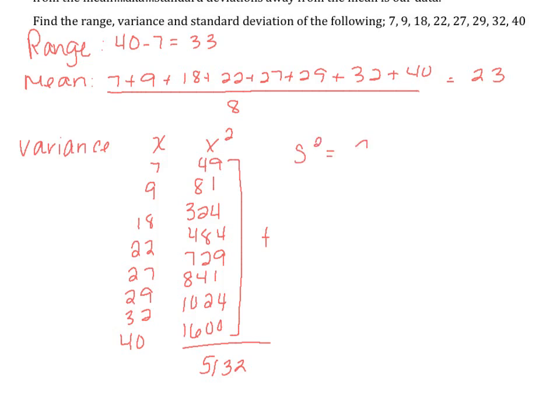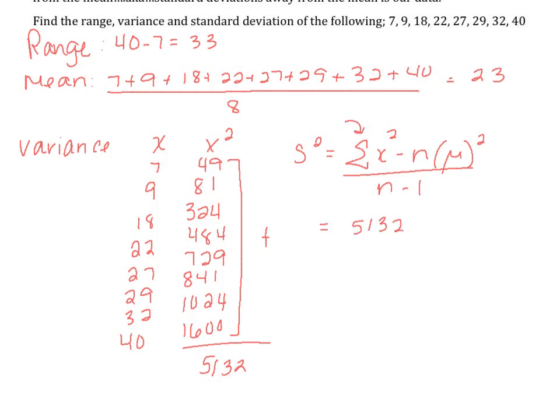The formula for finding variance, represented by s squared, is the sum of our x squared numbers minus how many total numbers we have multiplied by the mean, where this little mu is the mean, squared, all over how many numbers we have minus 1. The sum of x squared gives us the 5,132.